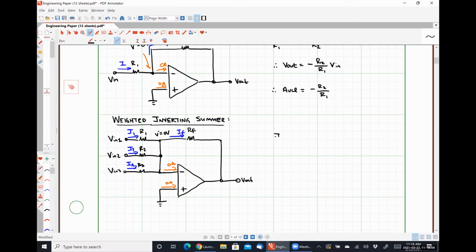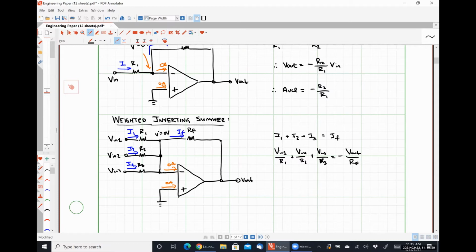And so I can say that I1 plus I2 plus I3 is equal to IF, which gives me Vn1 over R1 plus Vn2 over R2 plus Vn3 over R3 is equal to negative Vout divided by RF.